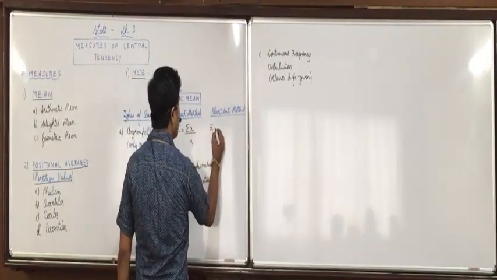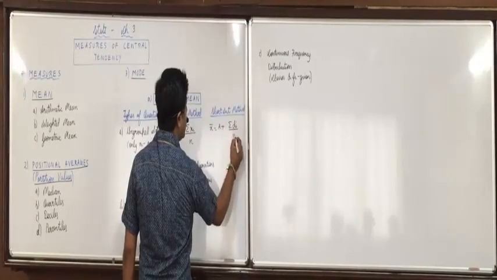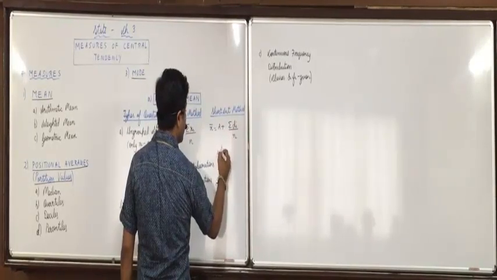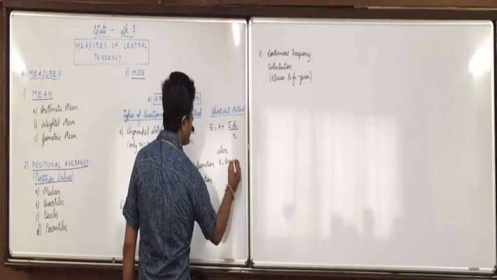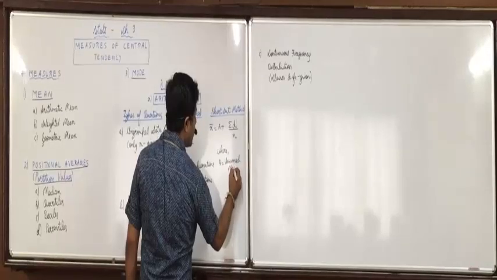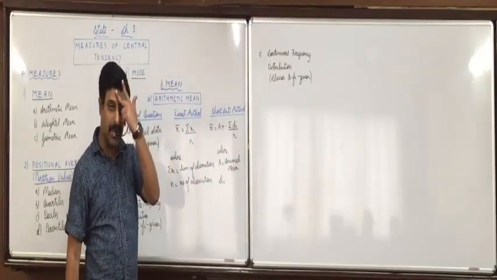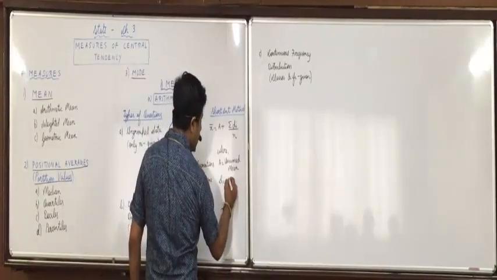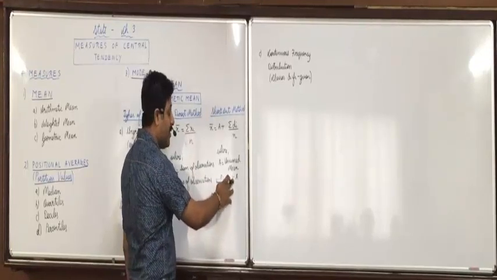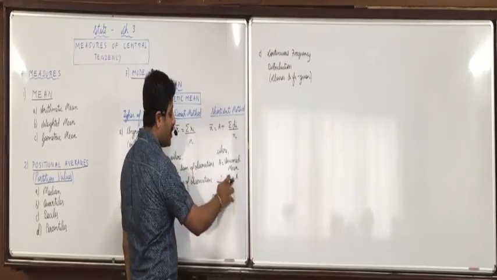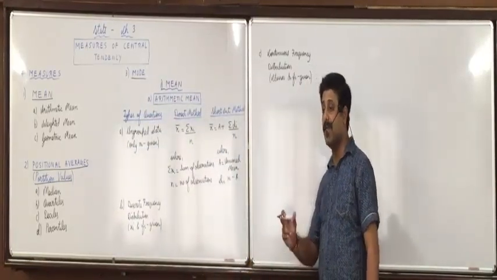By short method, the formula is a plus sigma di upon n, where a is the assumed mean and di means deviation. Therefore, I told you it's also called the step deviation method. So deviation is xi minus a. We obtain deviation of all observations xi from the assumed mean. Deviation means difference.